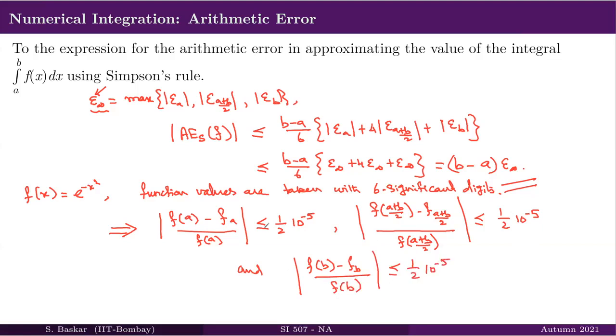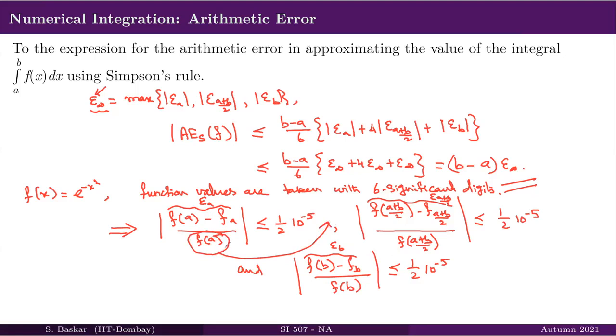Now from here you can get what epsilon a is. Recall, this is what we defined as epsilon a, and this is your epsilon (a plus b) by 2, and this is your epsilon b. So your epsilon will be less than or equal to half into 10 to the power of minus 5 into the function value, right? So this will go to the other side as mod f of a, and similarly in the other terms.